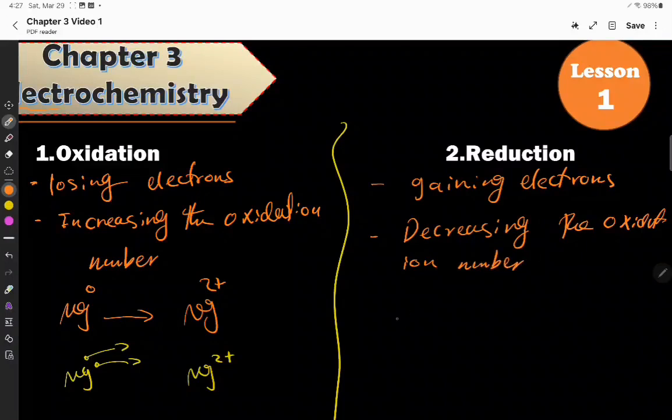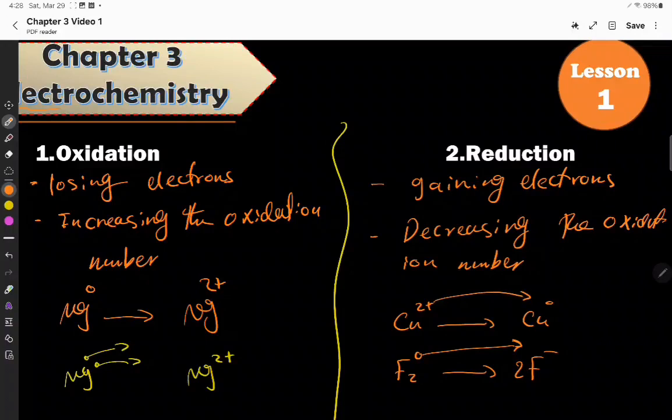For example, if we have copper 2+, it will become copper 0. Or if we have F2, this is 0, it will be F−. Now from 0 to negative, the oxidation number decreases. From positive 2 to 0, the oxidation number decreases.